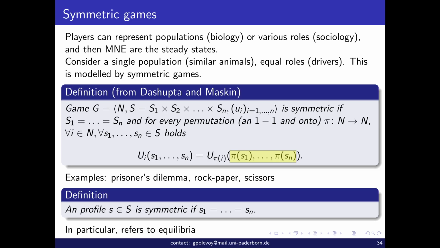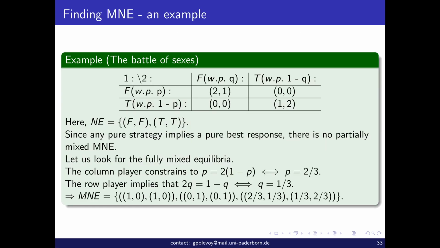The game, by the way, that we saw in the last part is not a symmetric game, because here if both players play football, for example, they have different utilities, despite there being no difference between what happens besides the names of the players.